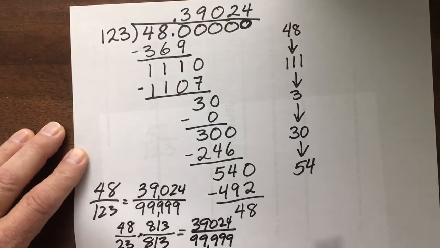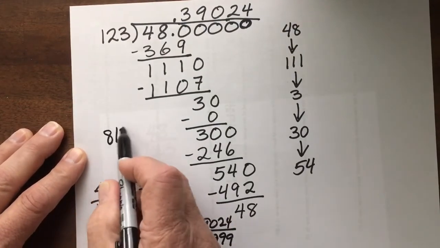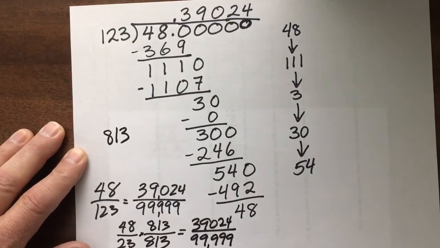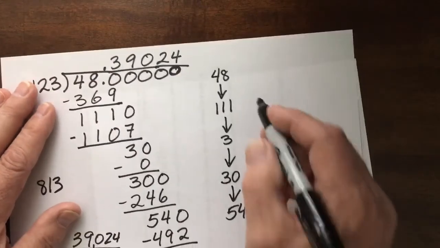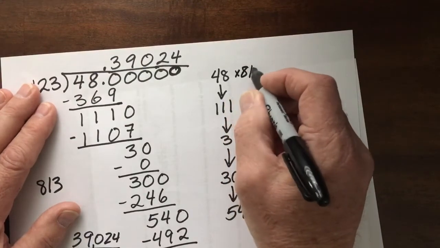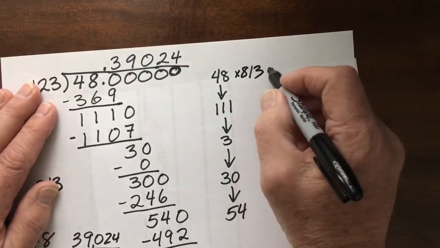Okay, so 813 is kind of the hidden number in this problem, because now if I take these numbers and multiply by 813, well, I know here I'm going to get 39024.